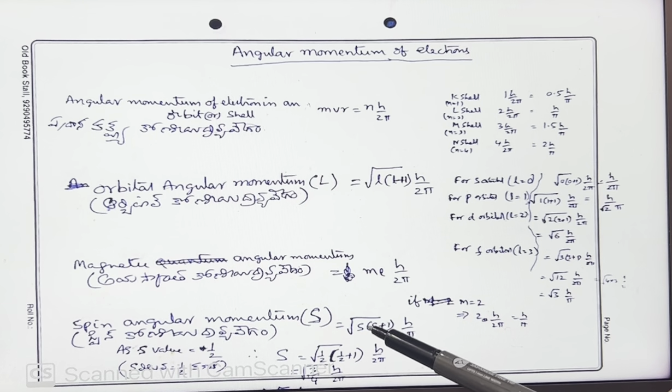S is equal to the spin value, half, so half into half plus 1, which is 3 by 4, times h by 2 pi. So root 3 by 2 times h by 2 pi, or root 3 h by 4 pi, or root 3 by 4 into h by 2 pi. The spin angular momentum value is fixed.